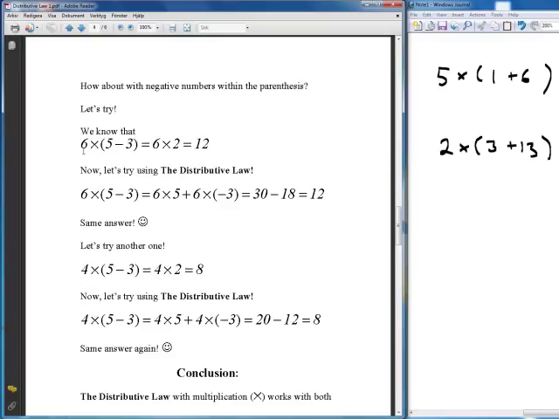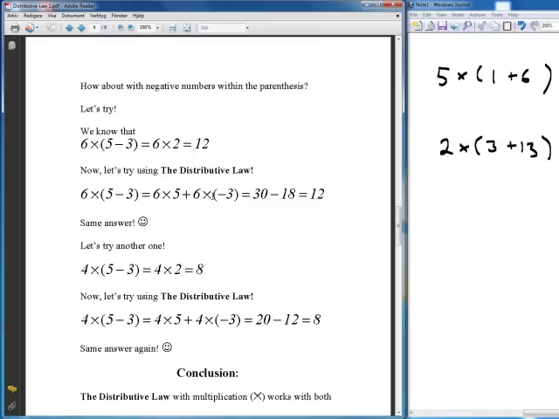Okay, so how about when we have positive and negative numbers? Well, if we're using the distributive law, we just write it out the same way. For example, this example, the first number 6 times 5 plus 6 times this number, but that's minus 3.